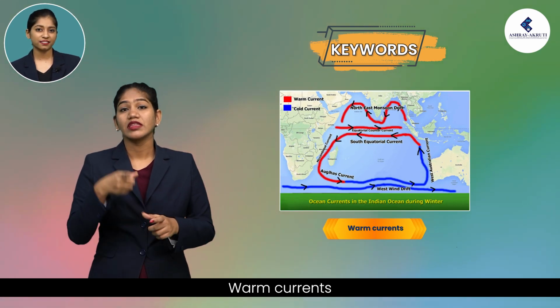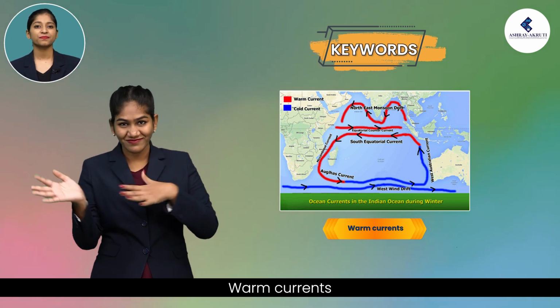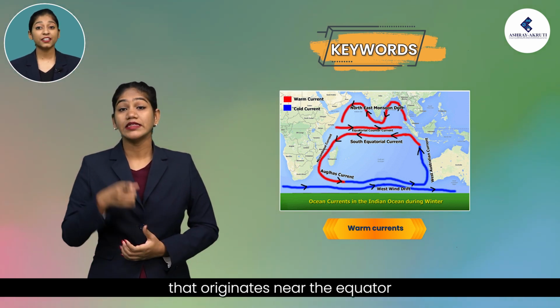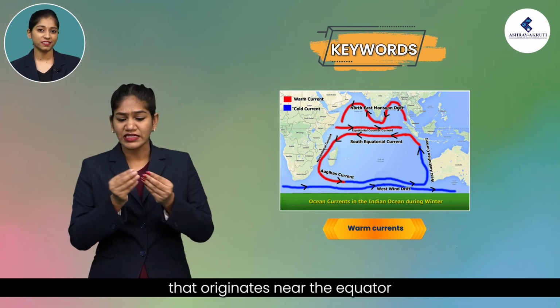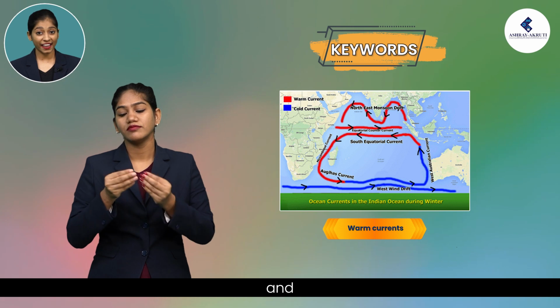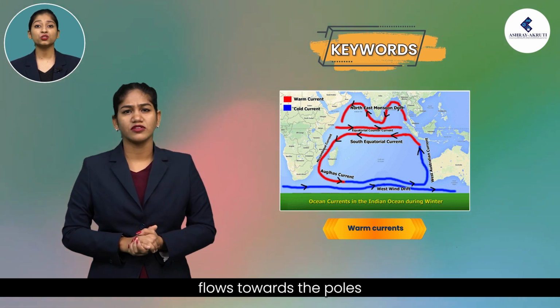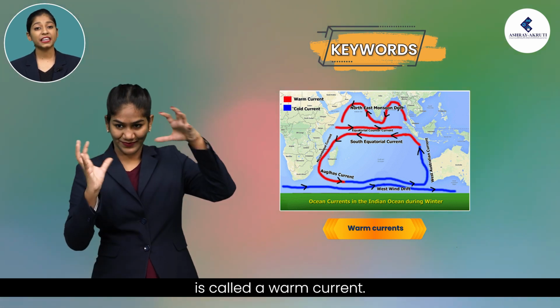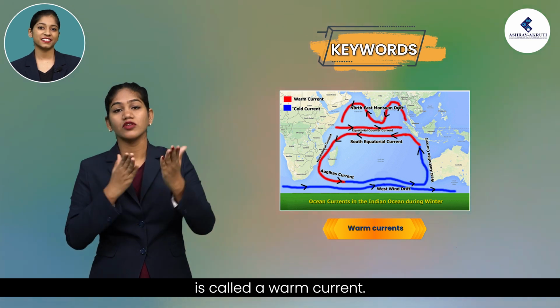Warm currents: the current that originates near the equator and flows towards the poles is called a warm current.